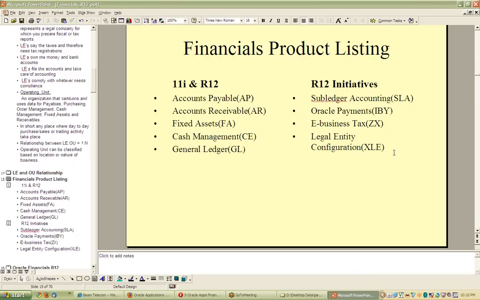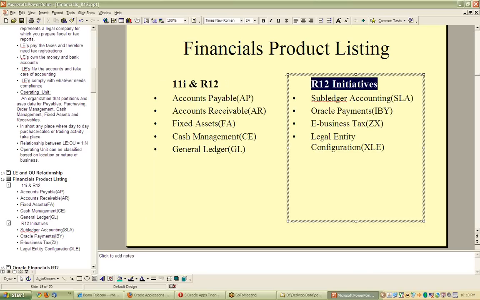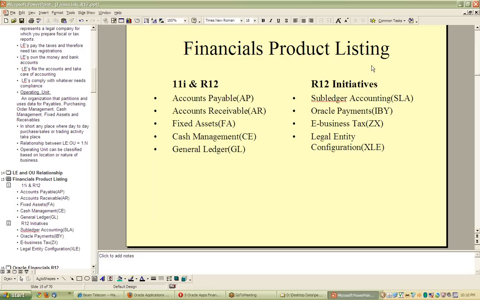Now this is just a listing of the products in release 12. On the left hand we have products which were existing in the prior release of 11i and which continue to exist in release 12. And here we have exclusive release 12 initiatives.